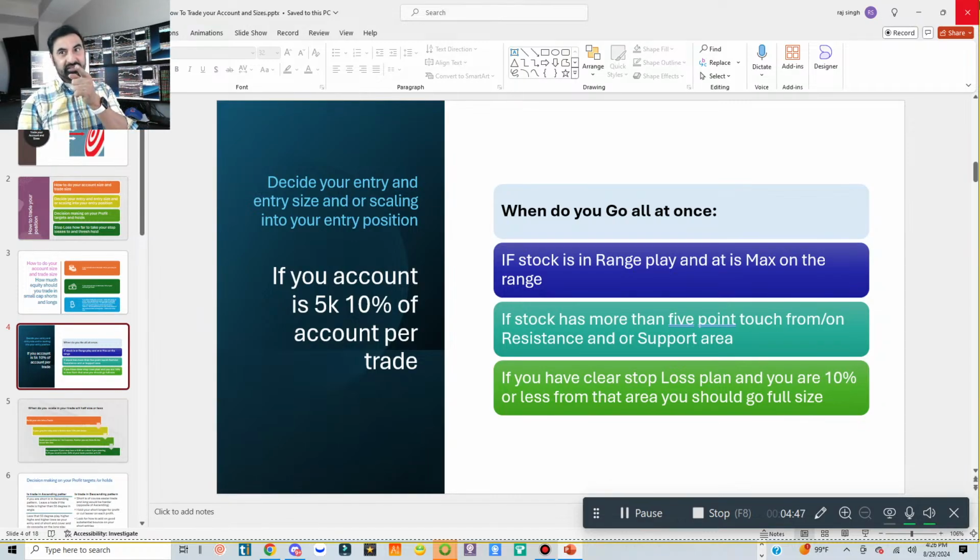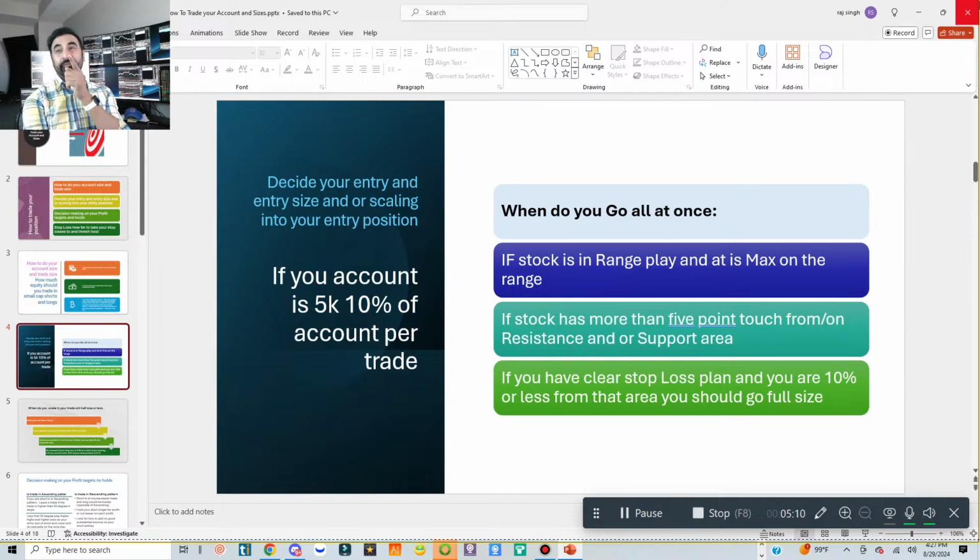But there's the last criteria that you must know before you go full size. If a stock has more than 5 touches on a support or a resistance, you can go in, whether you're going long on a support, yes, or going short on a resistance, yes. You can go full size.